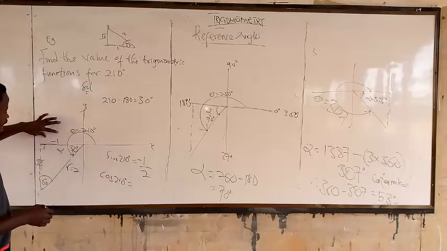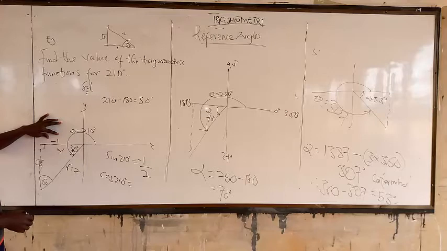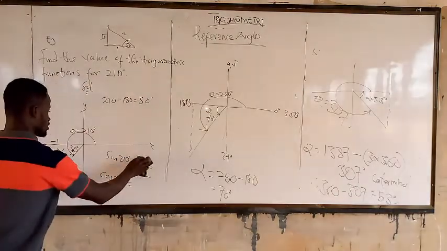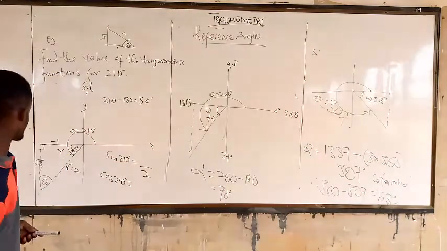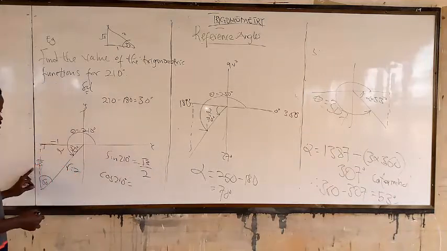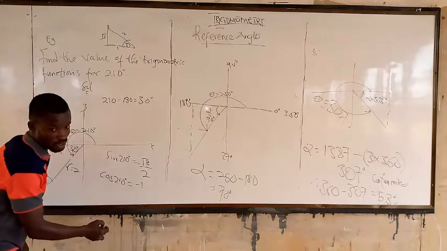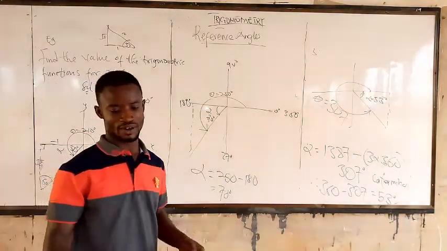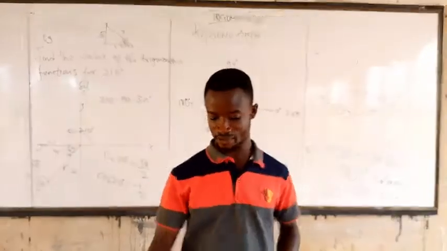Cos 210 is the adjacent over the hypotenuse. Sine is negative square root of 3 over this, and this one will be negative 1 over 2. So look for the rest. Go for tan, sec, and the others.